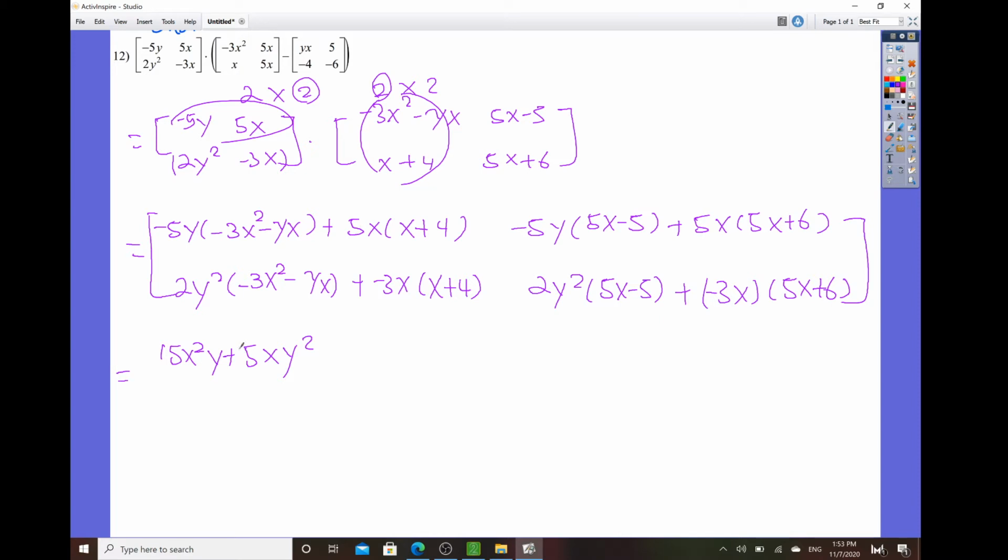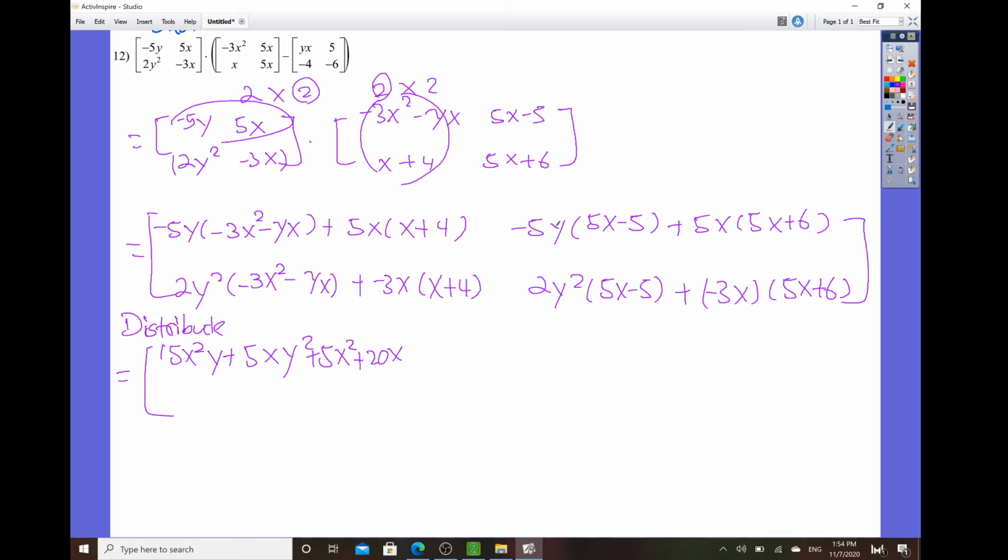Obviously they're not like terms, so we cannot combine them. And then plus 5x squared plus 20x. Just distribute first, and then we'll combine like terms.